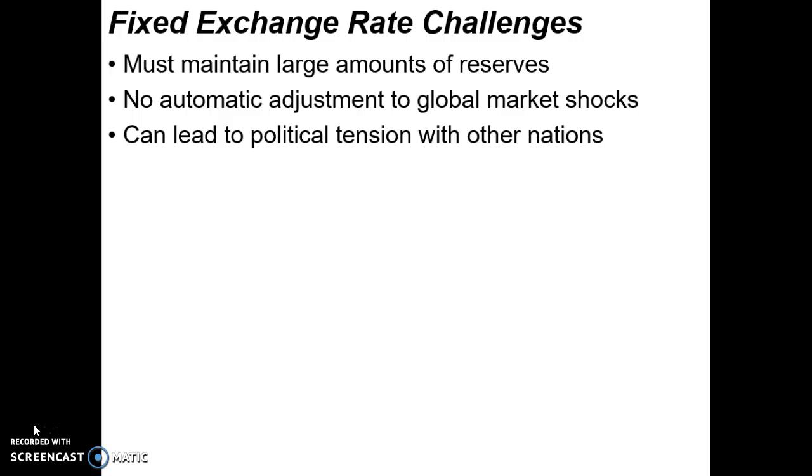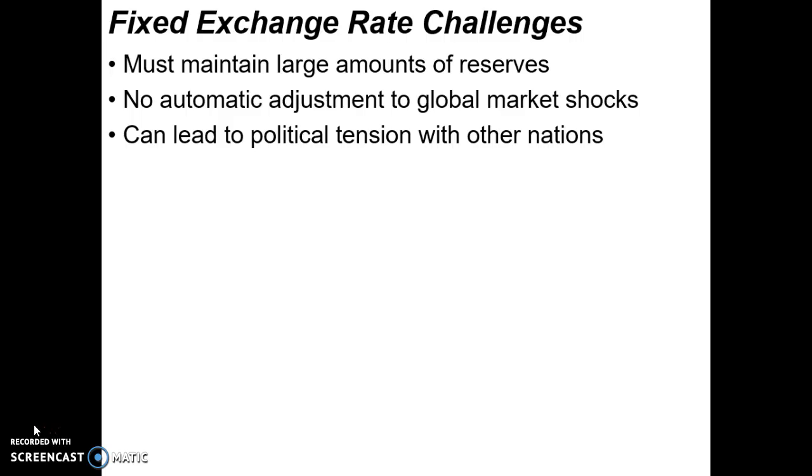There's also no automatic adjustment to global market shocks, meaning that a floating exchange rate will naturally experience change because the global market is strong or weak, while a fixed exchange rate is by its nature fixed. So there might be external stability problems, as the rest of the world's rates are adjusting and your rate does not.